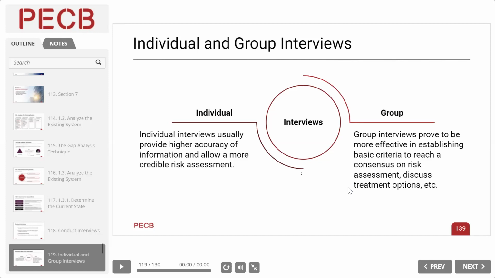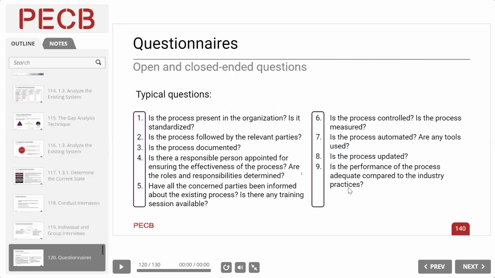So team group discussions can be very, very revealing. We can apply questionnaires, which would bring people to expose certain things and bring a better understanding of the processes.